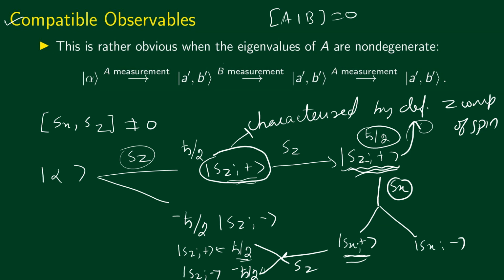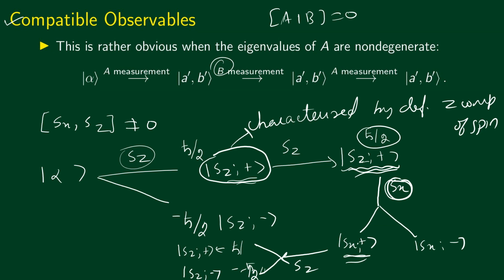So here the B measurement does not destroy any previous information regarding observable A. But when they are not compatible, you will see that the measurement of Sx destroys any information that was already there regarding the observable Sz. So any information regarding observable Sz is lost, and then again it becomes spread out. So this is what's happening.